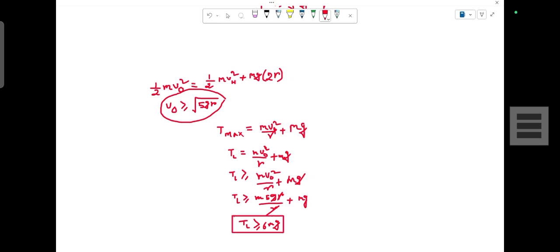If you want to measure the velocity at any point M, which is the midpoint, where theta is equal to 90 degrees, then you can conserve the energy.